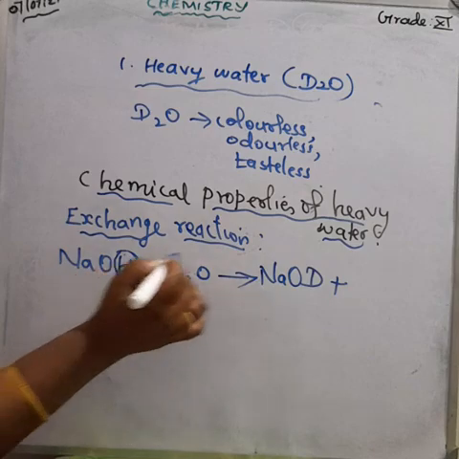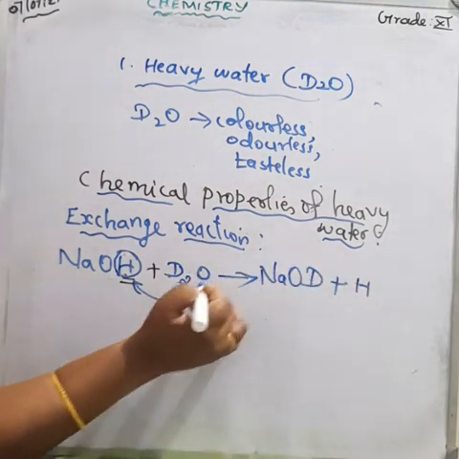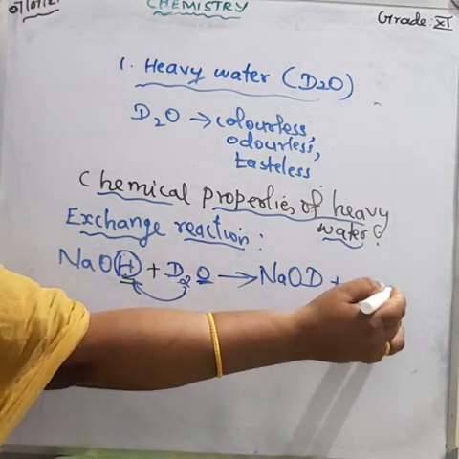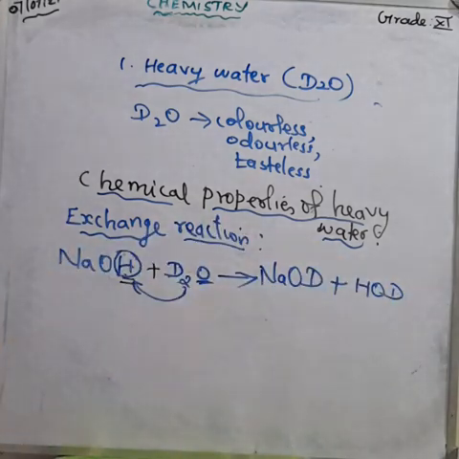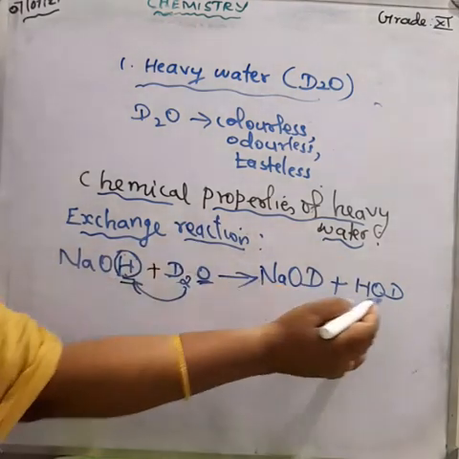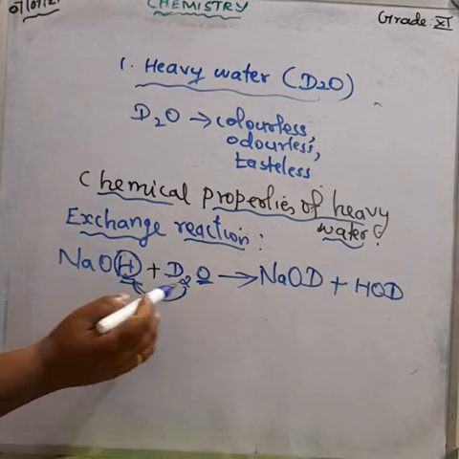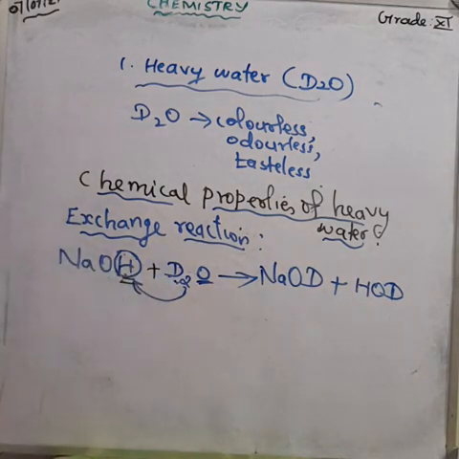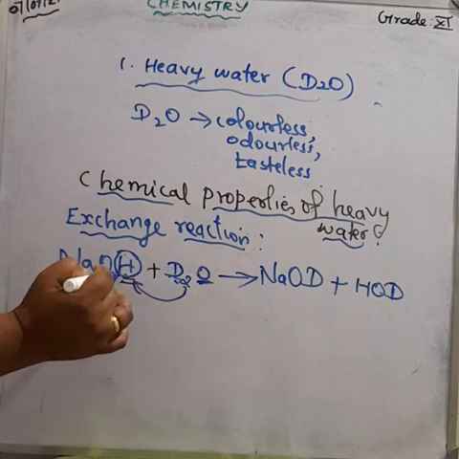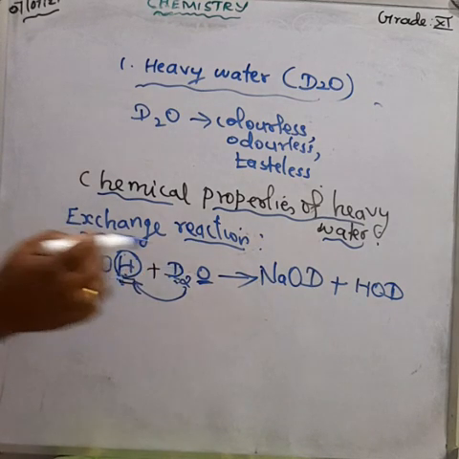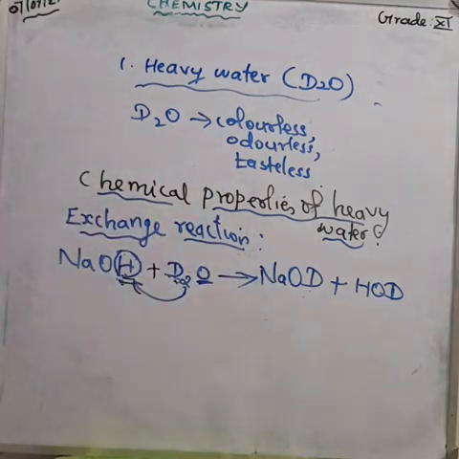Here one hydrogen, one oxygen and one deuterium, so we get HOD. One deuterium in the heavy water is replaced by the hydrogen atom in the NaOH compound.